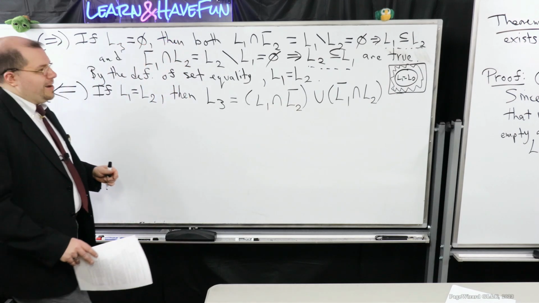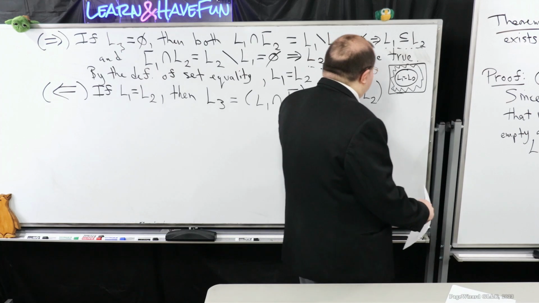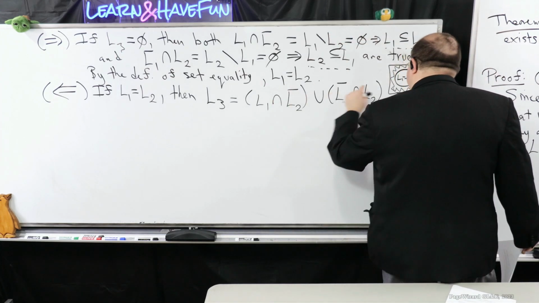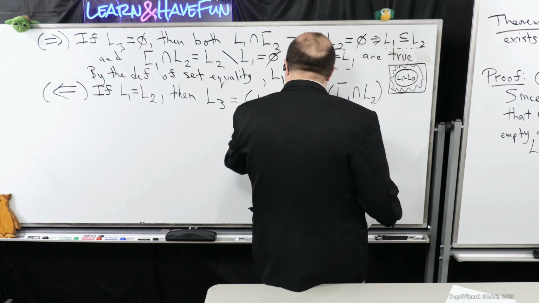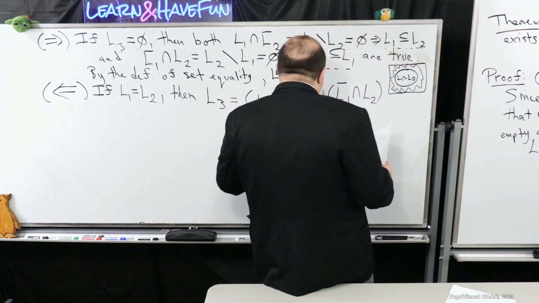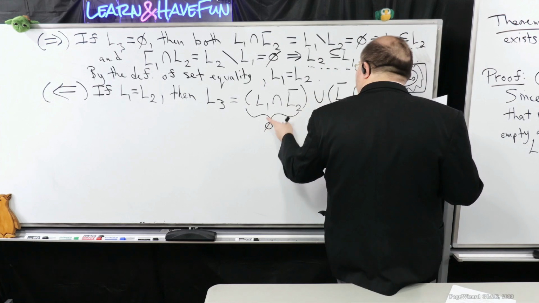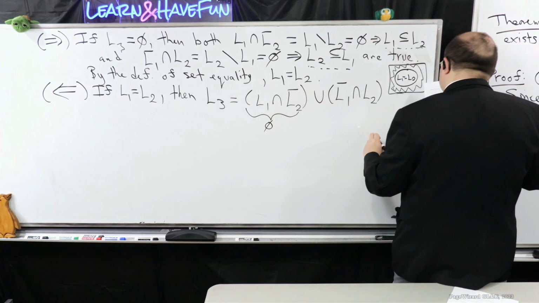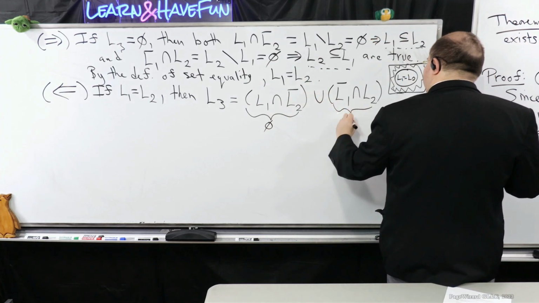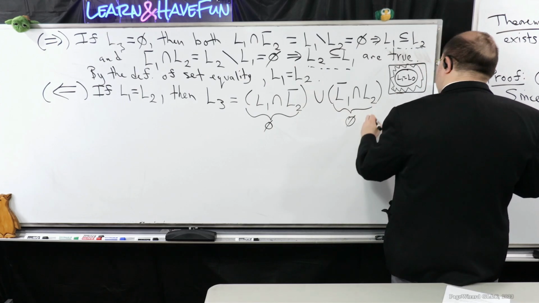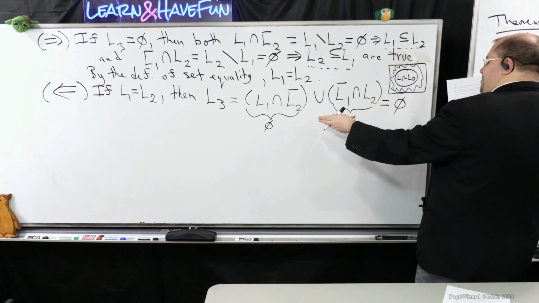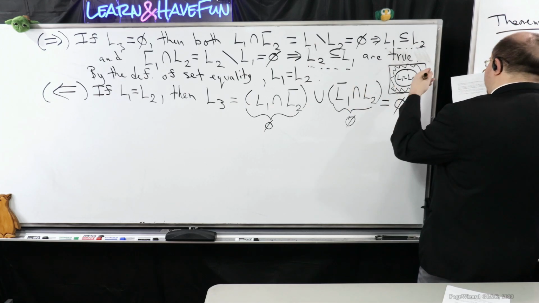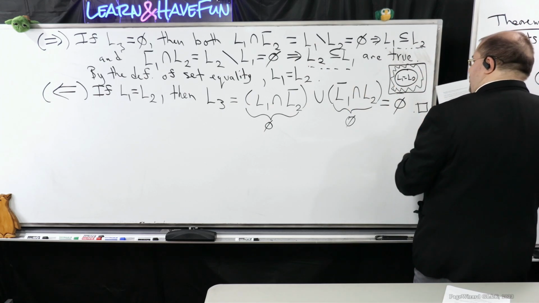No, there's none. All of these are out here, all of these are within here, but there's none in common. So this is the empty set, the empty language, union, and by the same reasoning the same thing here is also the empty set. It's empty language union empty language, which is just an empty language, completing the proof.